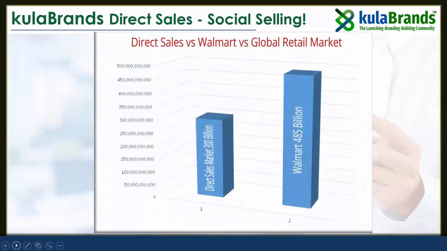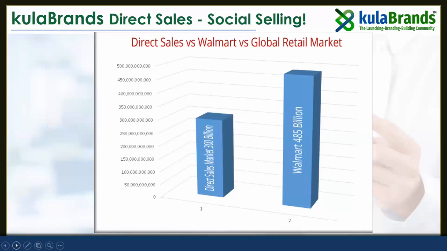I'm going to show you a chart right now that's going to prove this information that we're talking about. So the entire direct sales market is $300 billion. And we said, wow, that's huge, right? Walmart alone last year sold over $485 billion in sales. So one sales channel outsold the entire direct sales market.